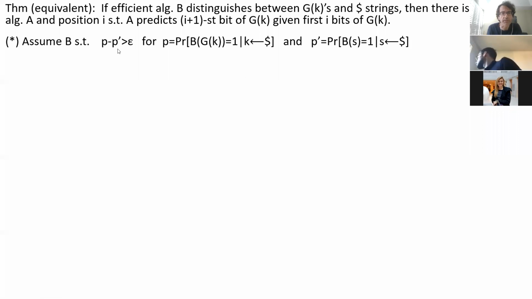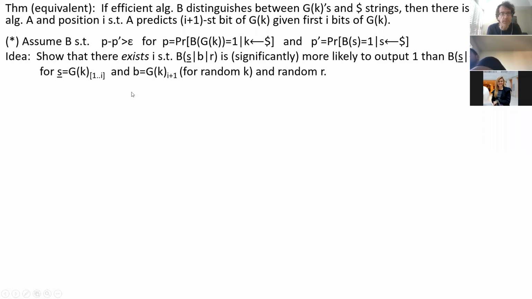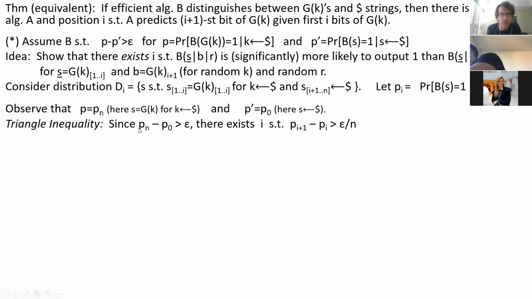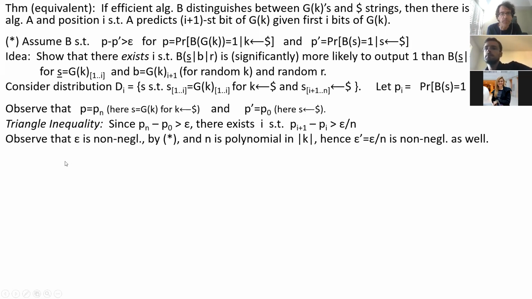Okay, I just removed the absolute value. So P_n minus P_0 is at least epsilon, so therefore at some point it's epsilon over n. Now, again, because n is polynomial, and I assume that epsilon was not negligible, this division is going to be still not negligible, right? So I call this epsilon prime, and it's not negligible.